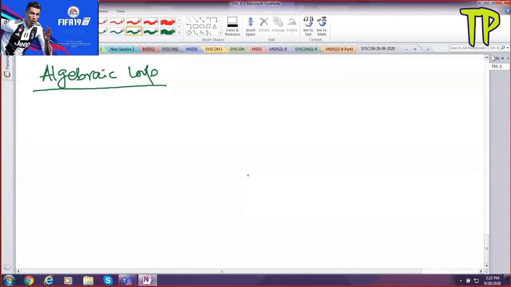So for algebraic loops, I am taking a very simple example because you may not deal with it a lot. So let's take something like this. Very simple one.